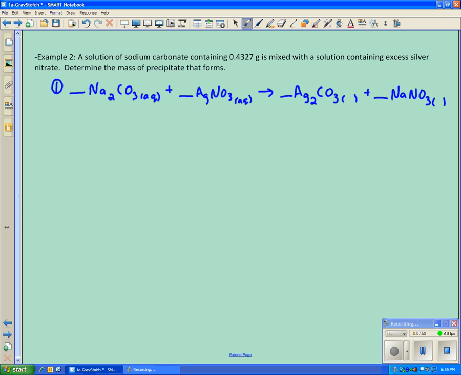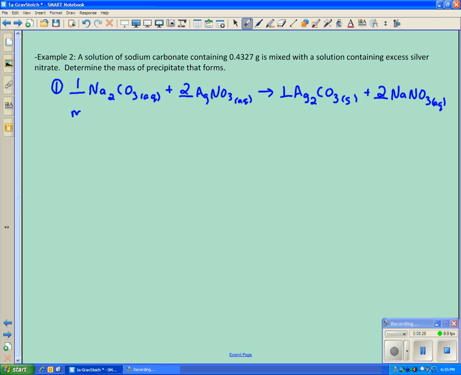If you check on your solubility table, you should find that the silver carbonate forms a solid. It has a low solubility. And the sodium nitrate is aqueous. It has high solubility. So balancing this out now, we would need a 2 for the silver and a 1 for the sodium carbonate and a 2 for the sodium nitrate at the end.